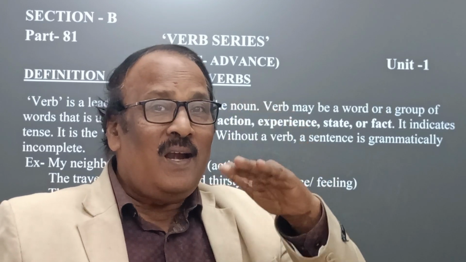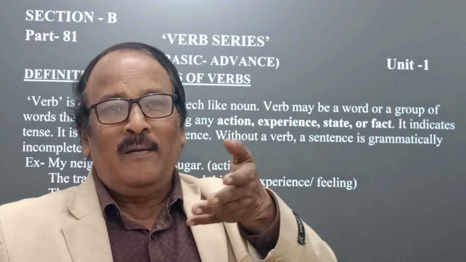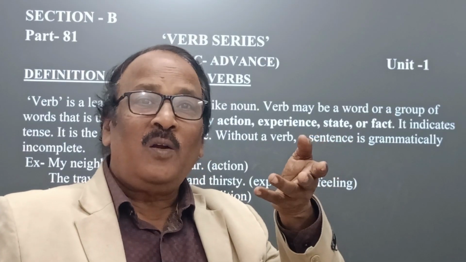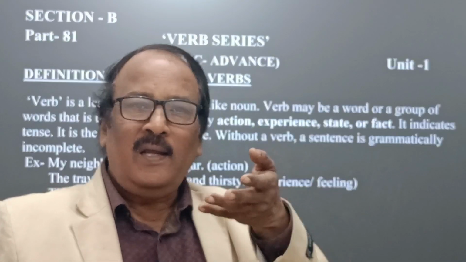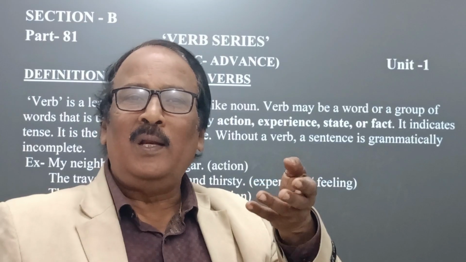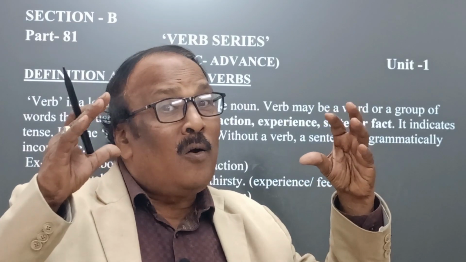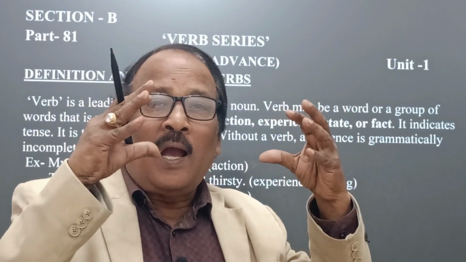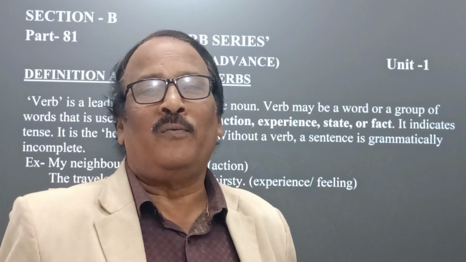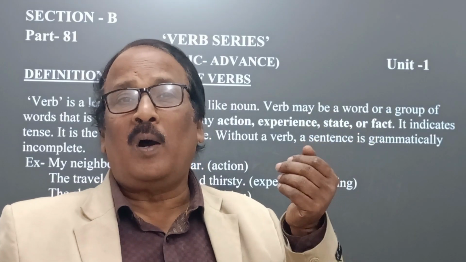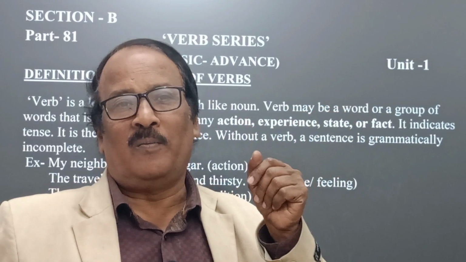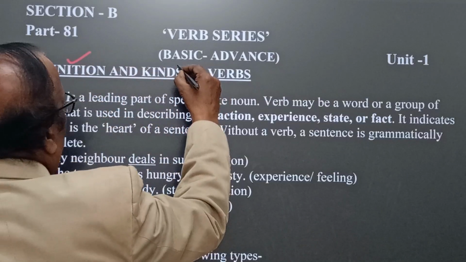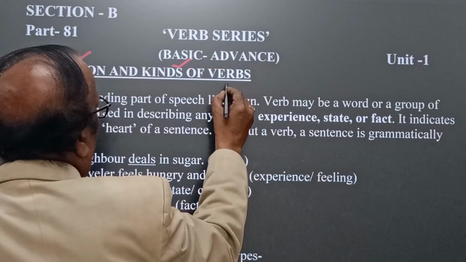Whenever a child comes and starts playing, singing, dancing, talking, sleeping, eating, etc., usually a verb comes. Noun is closely associated with the verb. Let's see the definition of verb and the classification of verbs.